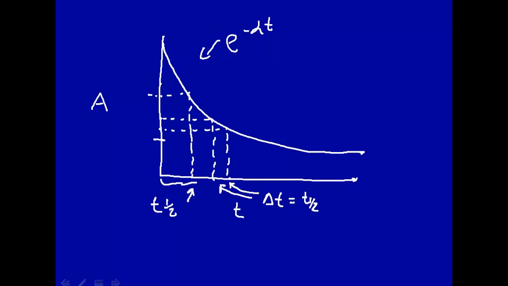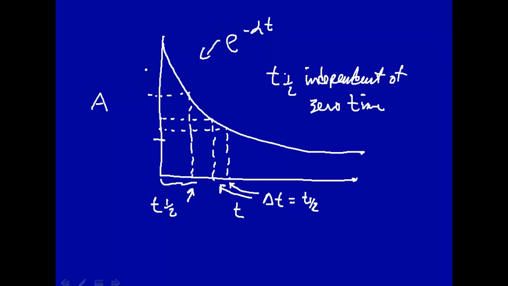That's interesting. So no matter where you start, the time it takes to go halfway down is the half time. So suppose we start here. The time it takes to go halfway down is a half time. That time, I didn't draw it very carefully, but this half time should be that half time, should be the half time, and so on. So the half time is independent of 0 time.